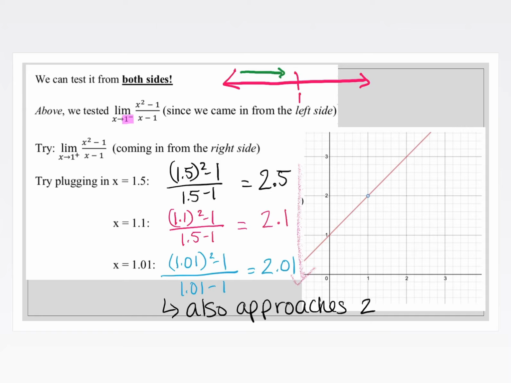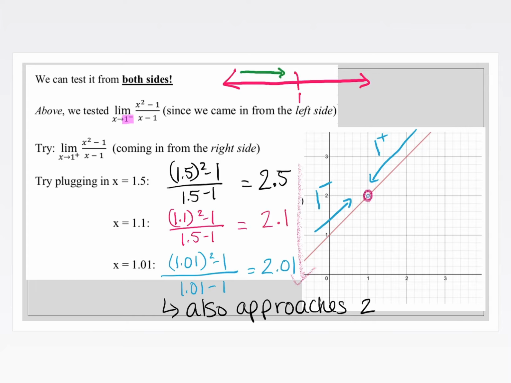So we went in from the left-hand side before with 1 negative, and now we came in from the right-hand side, 1 positive. We can actually see this on our graph, and this is approaching a value of 2 at the point right there.